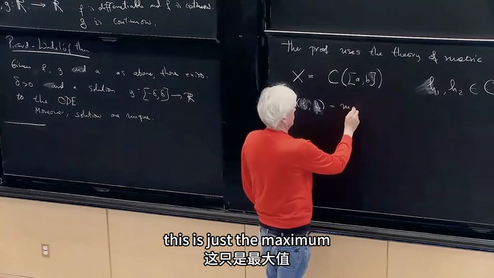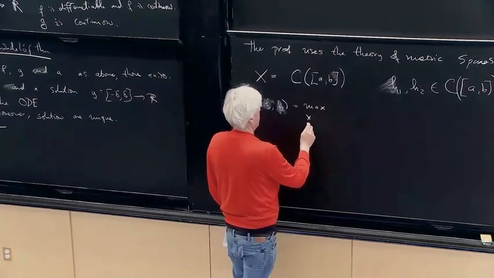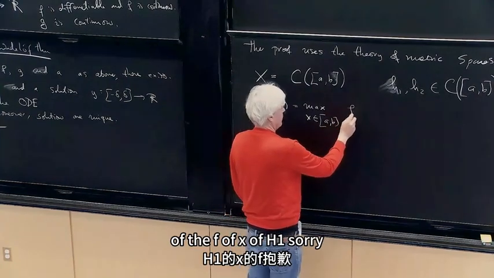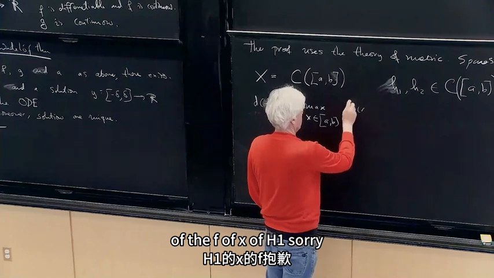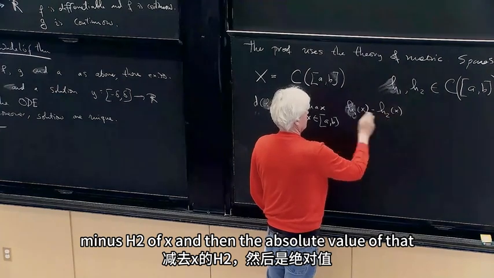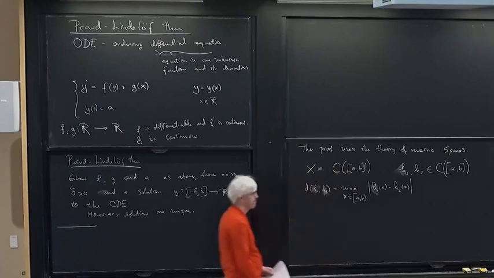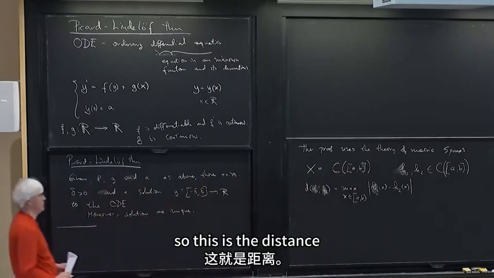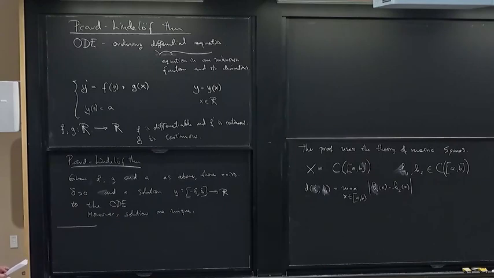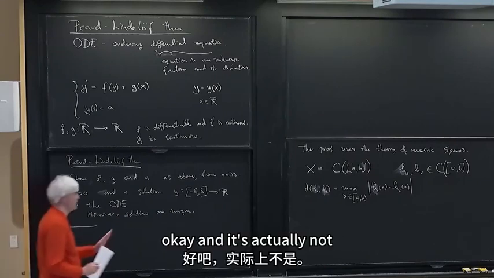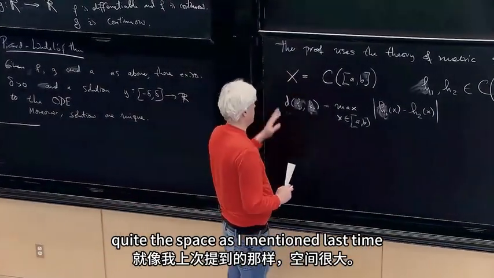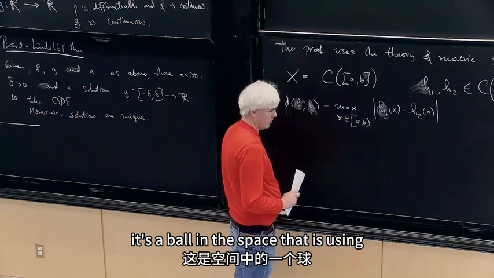It's just the maximum over x in this interval of the absolute value of h1 of x minus h2 of x. So this is the distance on the space of continuous functions that we have looked at a lot. And it's actually not quite this space, as I mentioned last time. It's a ball in this space that it's using.